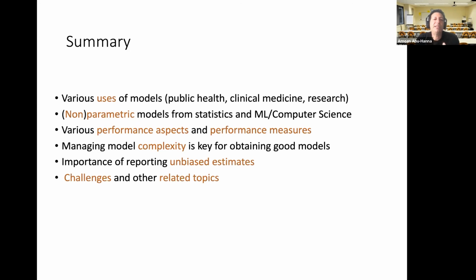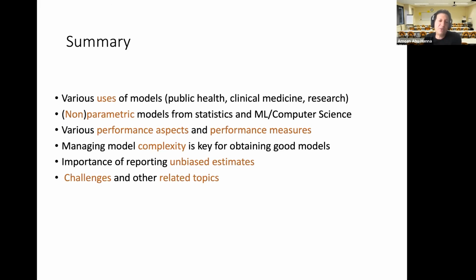We saw different models, parametric, non-parametric, but especially, I think point 3, we looked at various performance aspects like calibration, discrimination, sharpness, resolution, and so forth, and the performance measures that go with them. So how to perform them. So actually, I should say maybe performance aspects are calibration, discrimination, and performance specific measures could be like the slope, right? The discrimination slope and so forth.